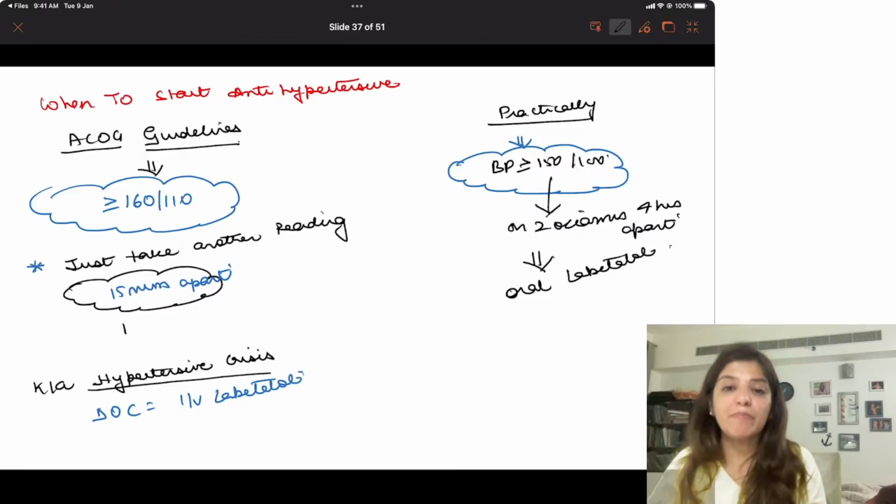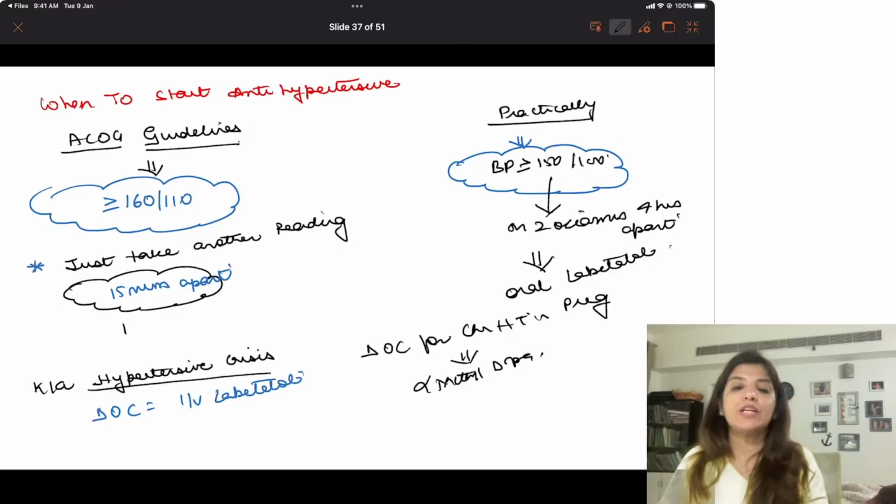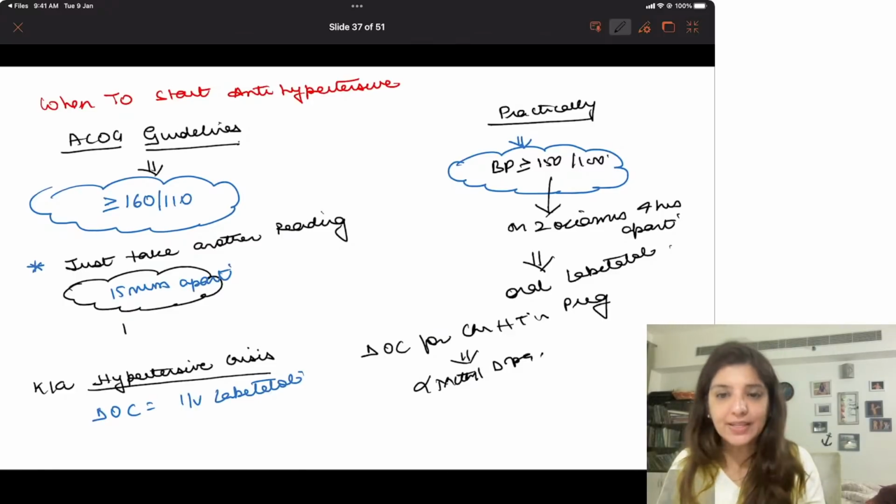Please remember that the antihypertensive of choice for PIH is labetalol. For hypertensive crisis, again it's labetalol, that is IV labetalol. Drug of choice for chronic hypertension in pregnancy is alpha methyl dopa. Alpha methyl dopa is the safest antihypertensive in pregnancy. Right? Okay.